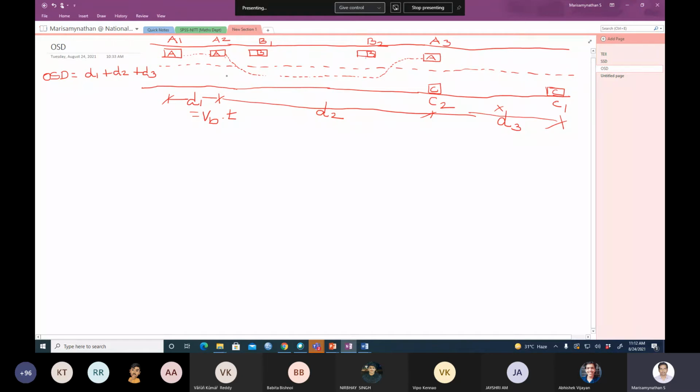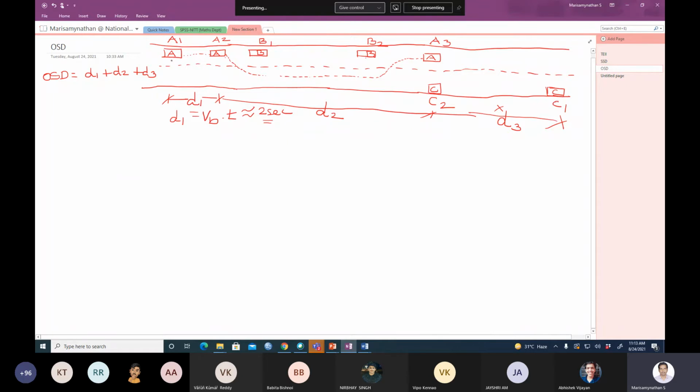That reaction time is one more parameter. In OSD, the IRC recommends a reaction time of 2 seconds, not 2.5 seconds. He has to react very quickly because you have to overtake the slower vehicle and consider the opposite vehicle also, so the reaction time is ultimately reduced. In that case, the IRC assumes 2 seconds as the reaction time. So this is the equation for estimating the distance D1.